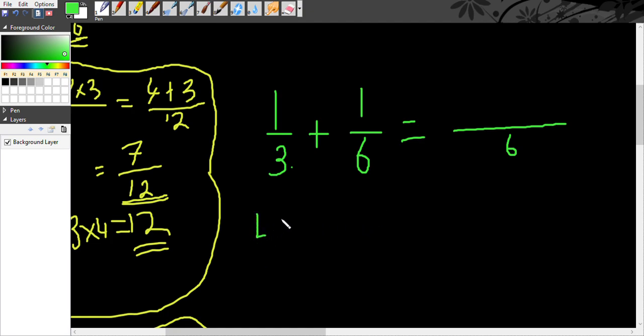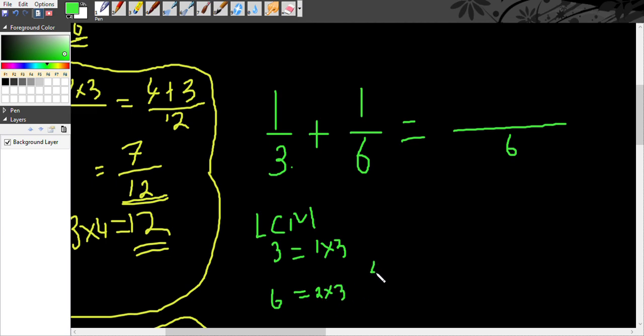We would be able to say LCM of 3 and 6. So we write them as products of their prime factors, 1 times 3. And we write this one as a product of its prime factors. So that will be 2 times 3.